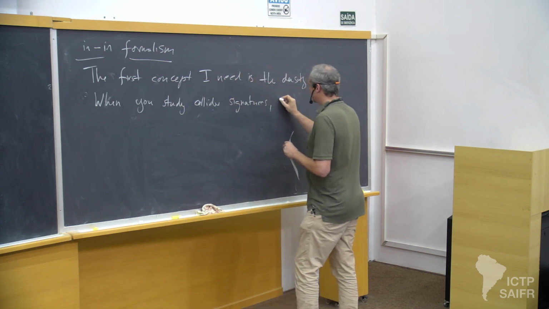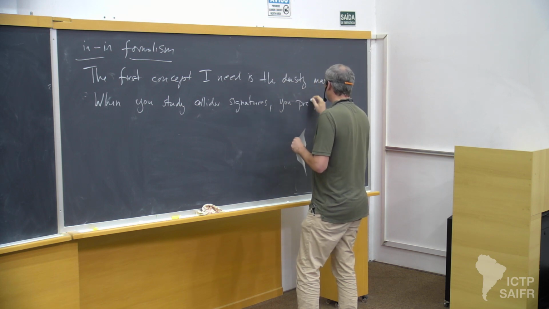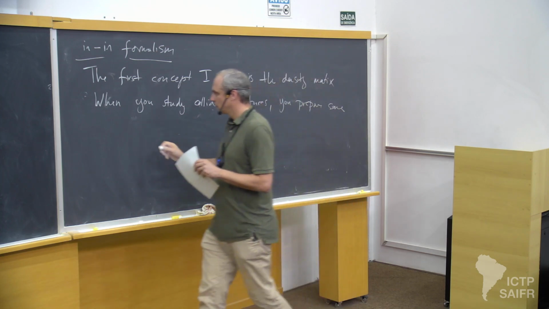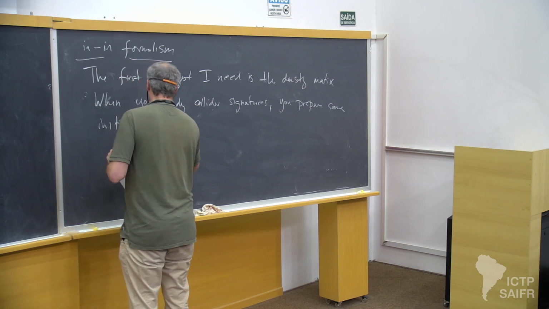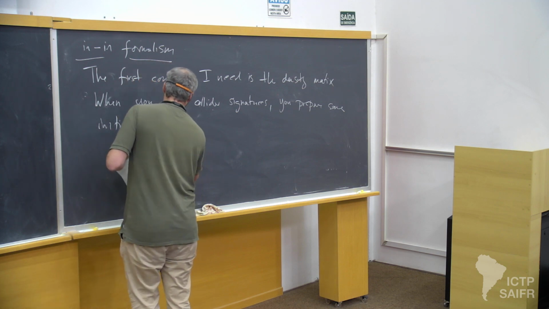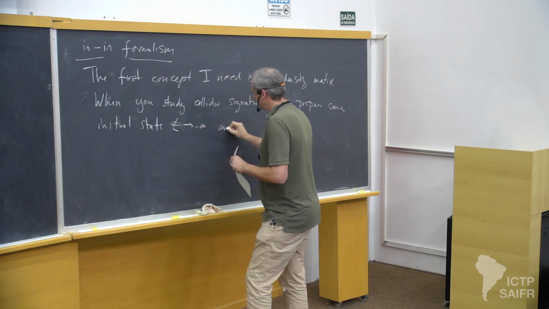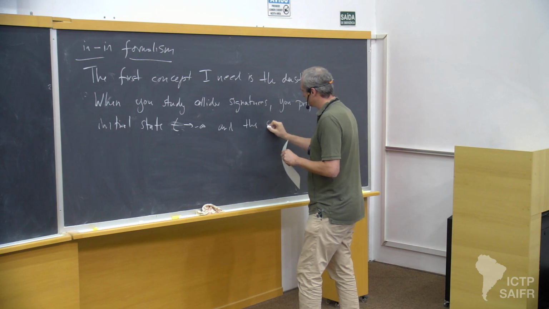You start with some initial state. So you prepare some initial state, some particles. So basically, time goes to minus infinity, and then you study the state at t equal to plus infinity.